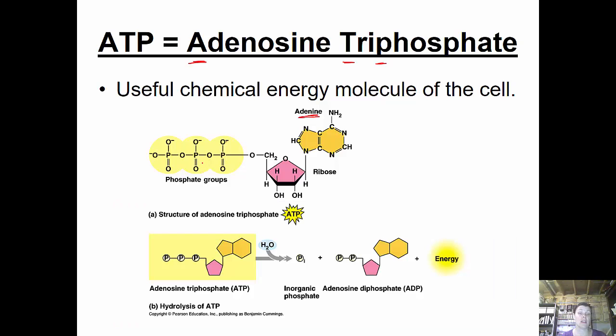This is useful. If we look at it in a different way, here's my sugar, here's my adenine, here's my 3 phosphates hanging off. I'm going to take water and put it in right here. And by putting water in there, I'm going to break it off. And by breaking that bond, energy is released.